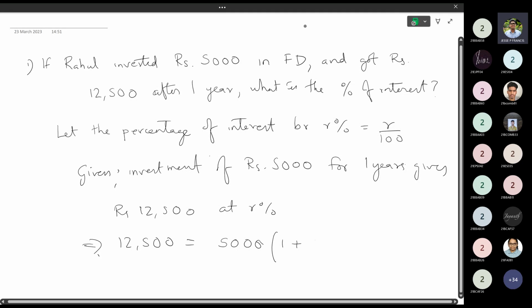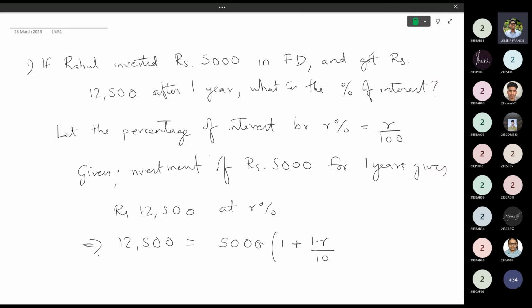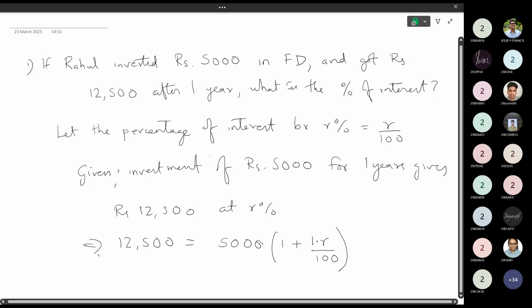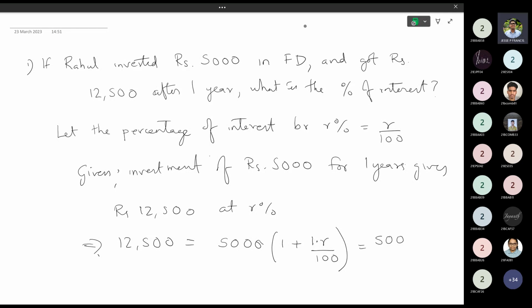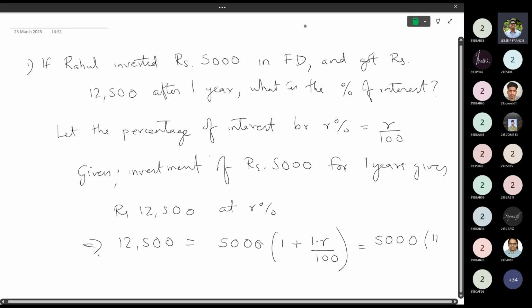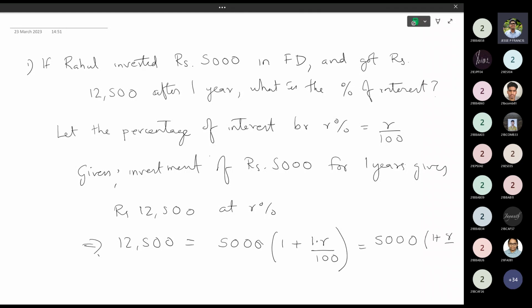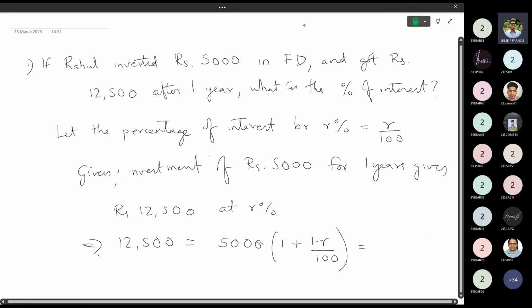Let's take simple interest or compound, either way the answer will be the same. 1 year into R by 100, which is equal to 5,000 into 1 plus R by 100. That's the same thing I wrote earlier.